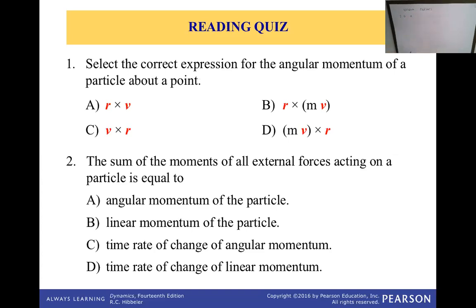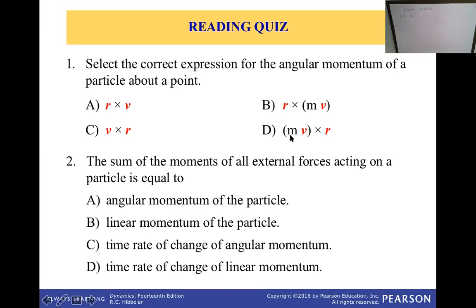If you're wondering what the difference is between B and D: for vector multiplication with a cross product, R multiplied by a vector quantity gives, in this case, the angular momentum.